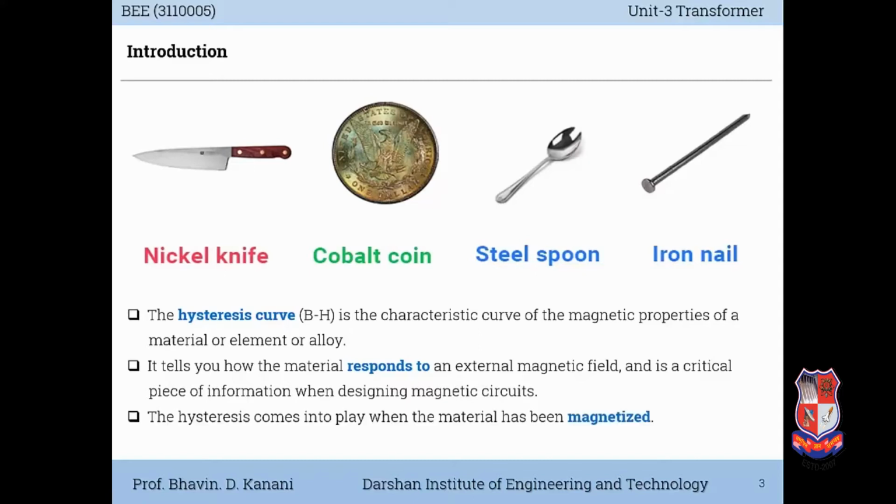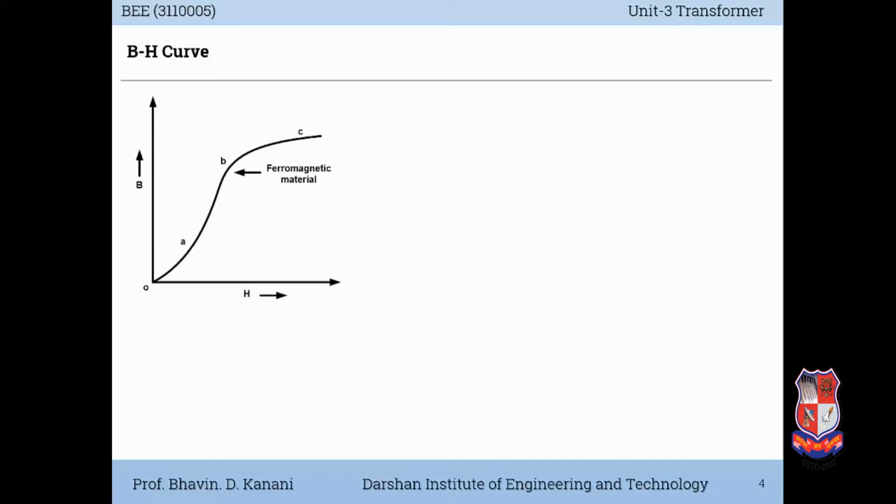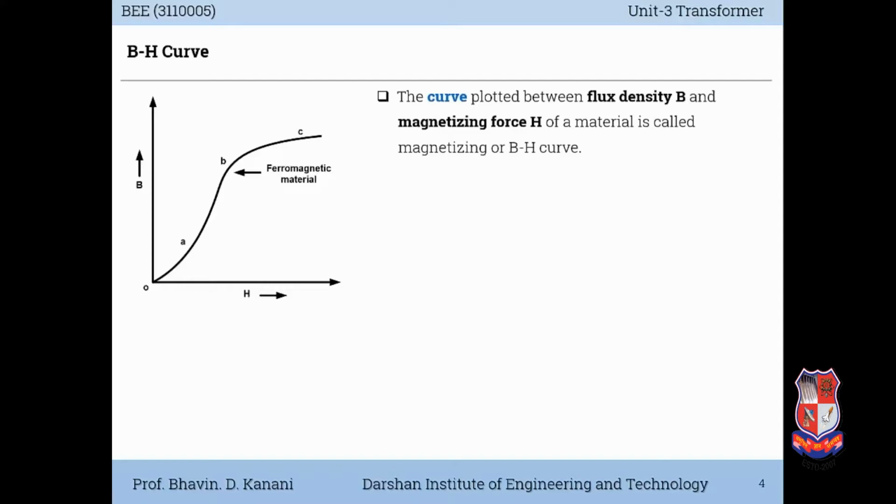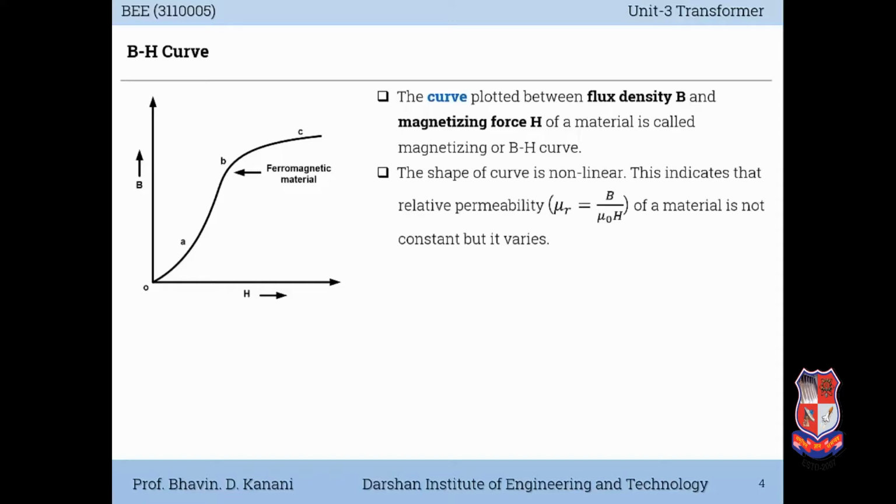The hysteresis comes into play when the material has been magnetized. BH curve. You can see this figure. The curve plotted between flux density B and magnetizing force H of a material is called magnetizing or BH curve. The shape of the curve is nonlinear.